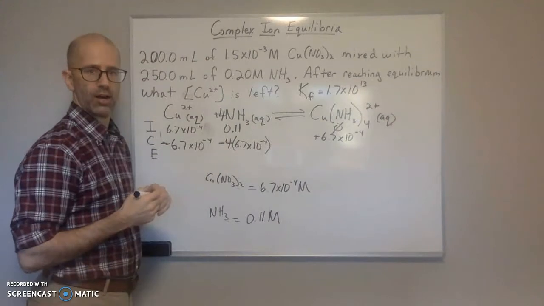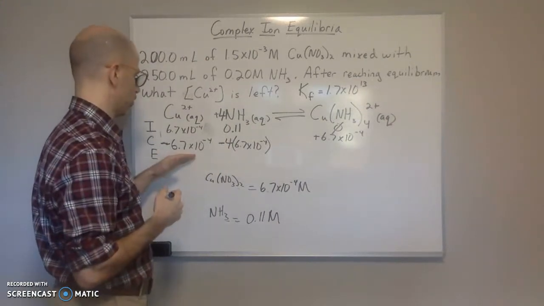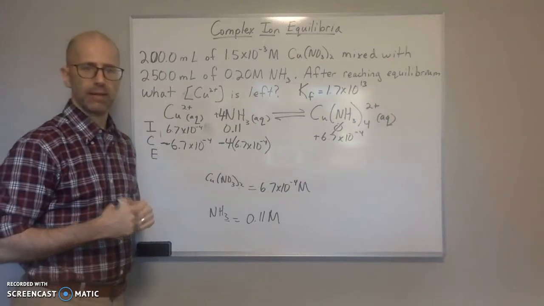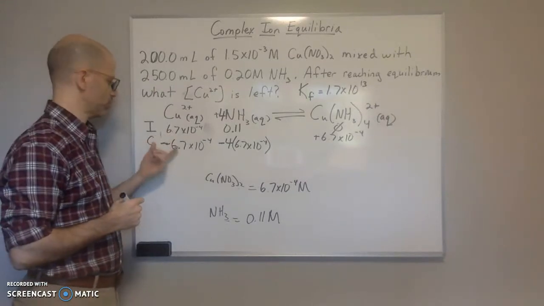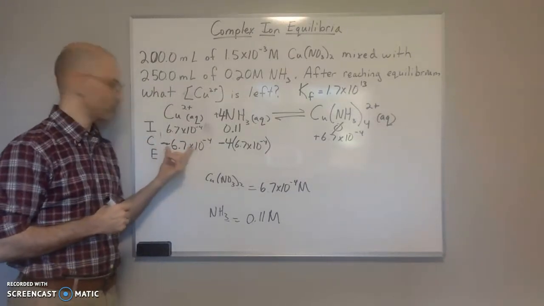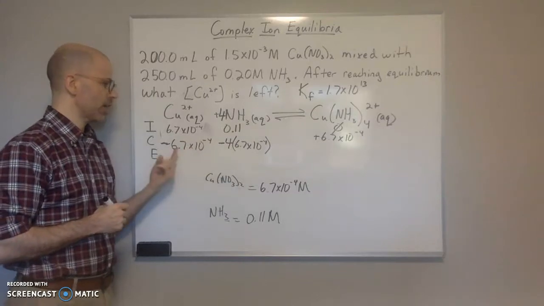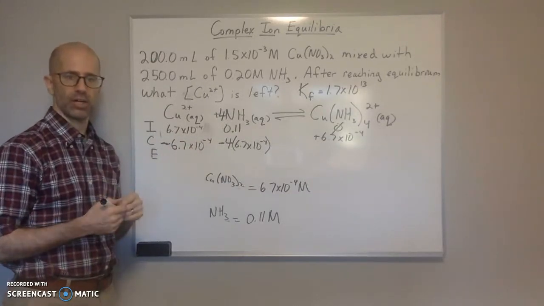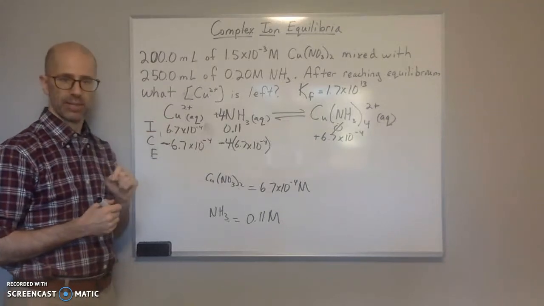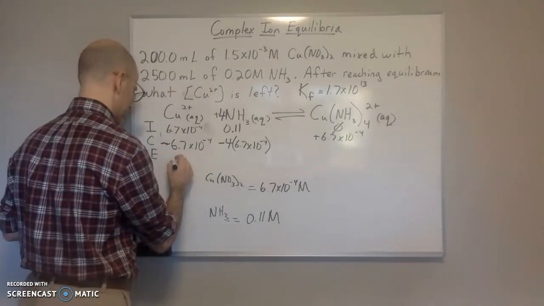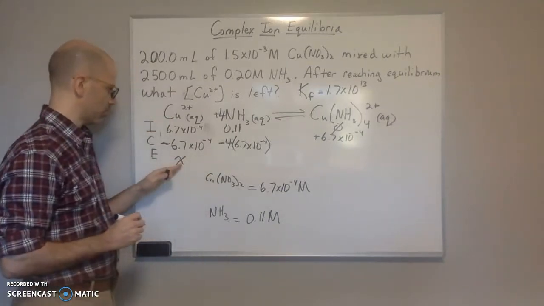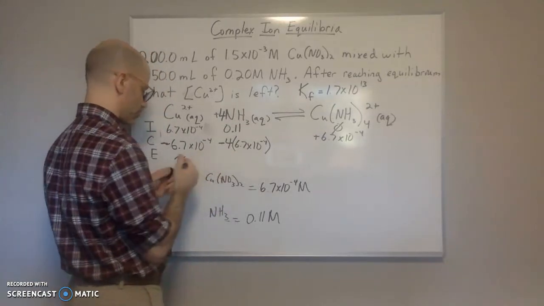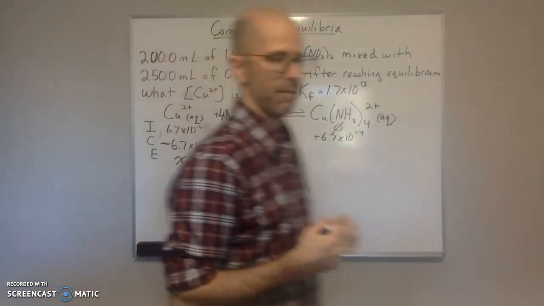Okay, so now what we need to do is figure out our equilibrium. And what's going to be different about this ICE table is normally we use X to write our change, but here we're going to use X as the amount of our copper that's going to be left over. So we're going to use X here, and then here we're just going to do the 4 times 6.7.